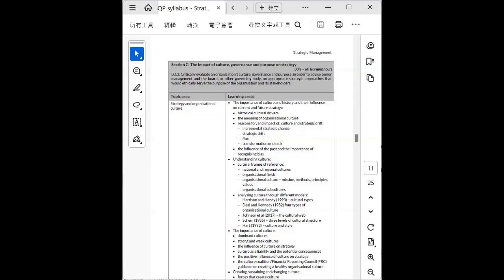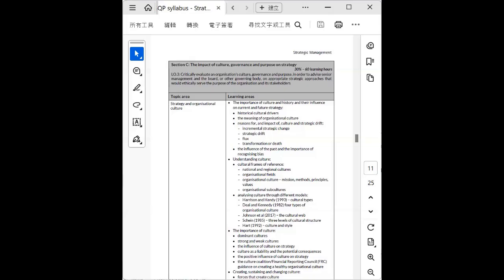And the impact of culture and strategic drift. Now, this will discuss strategic drift, including incremental change and flux, and the potential outcomes such as transformation or organizational decline. So what is strategic drift?